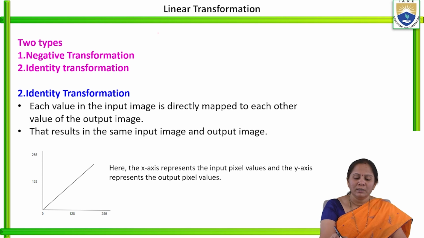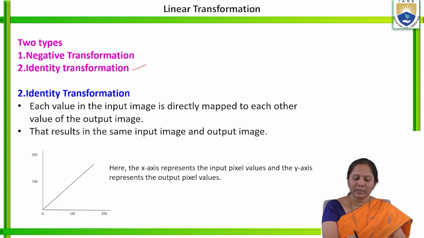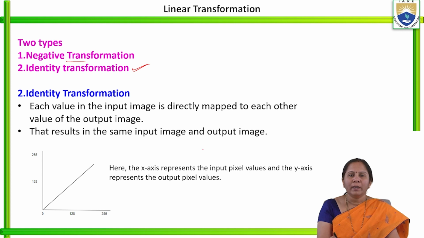Coming to the second type of linear transformation, after negative transformation, the second type is identity transformation. In this identity transformation, each value in the input image is directly mapped to each value of the output image.